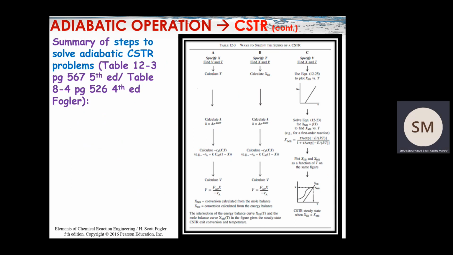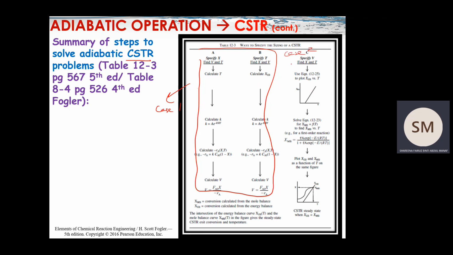Okay, so summary of step to solve adiabatic. This is for CSTR. Okay, problem. You can refer to table 12-3 for 5th edition and table 8-4 for 4th editions. Okay, so we have A and B whereby the case for the specific X and specific T. Okay, so this kita can label as case 1 lah. Okay, and then this would be the case 2.